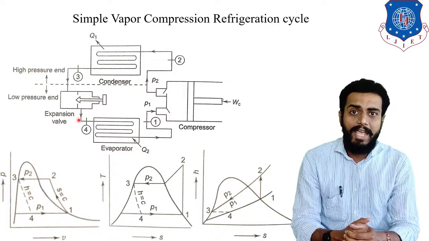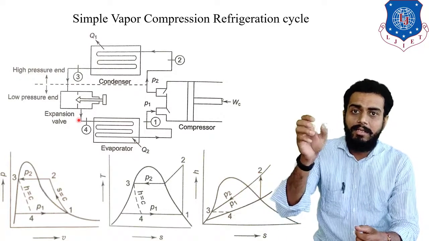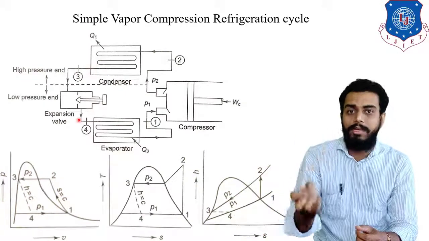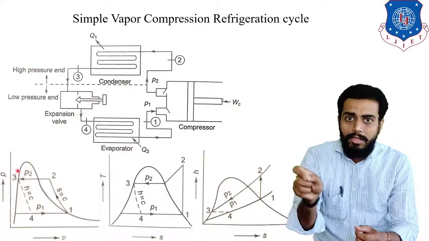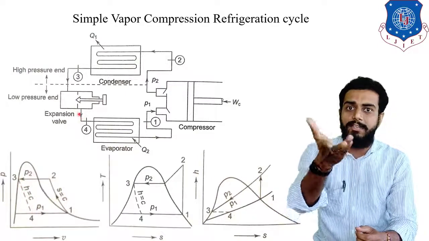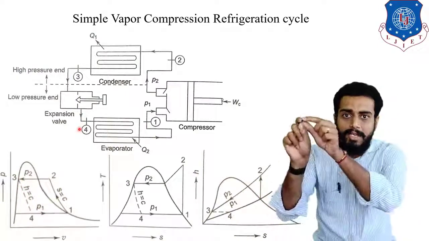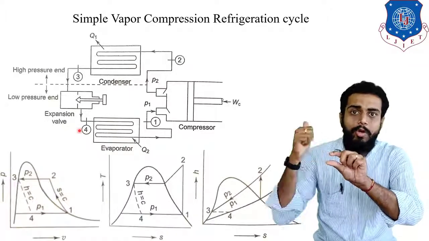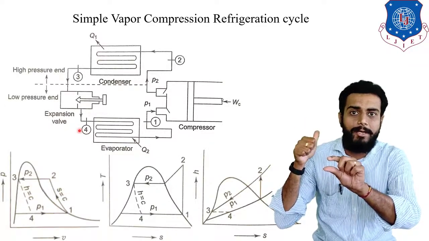So what will happen? As soon as the refrigerant comes out of the throttling device, its own saturation temperature or boiling temperature is 15 degrees Celsius, but it is passing through the tube, and the tube is in contact with a 25 degrees Celsius atmosphere.